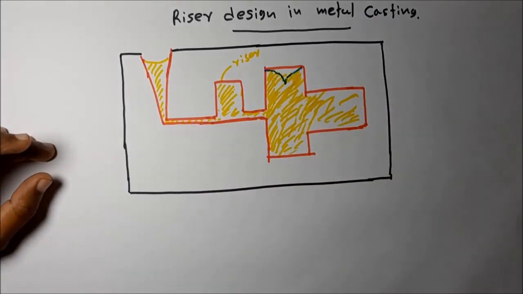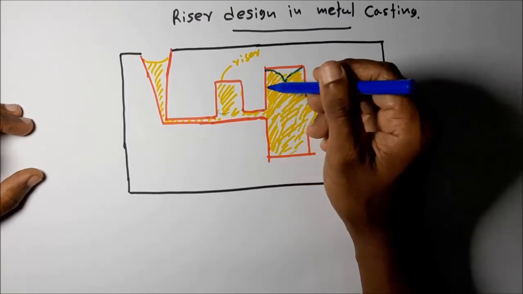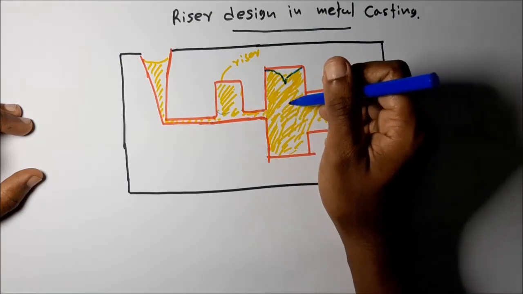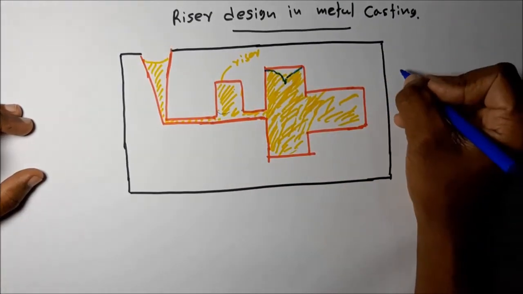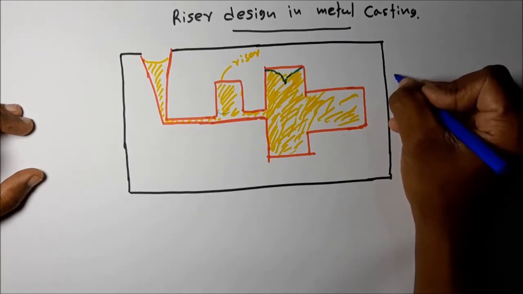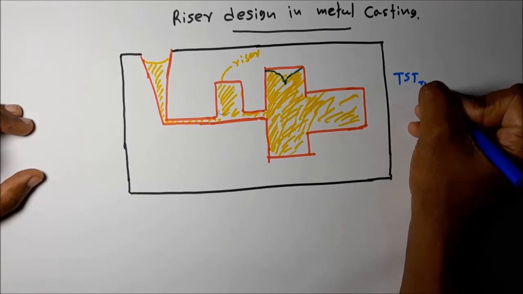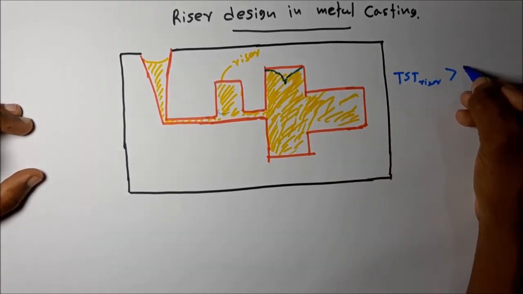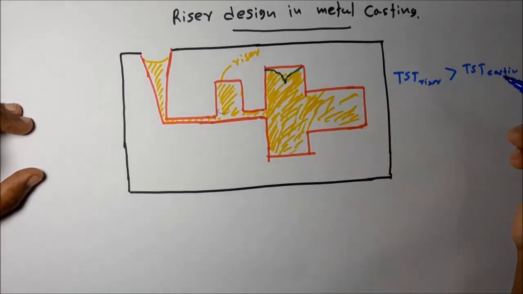The purpose of the riser is that the riser keeps molten metal until this part is completely solidified. What it means is that the total solidification time of the riser should be greater than the total solidification time of the casting. Casting means this part.